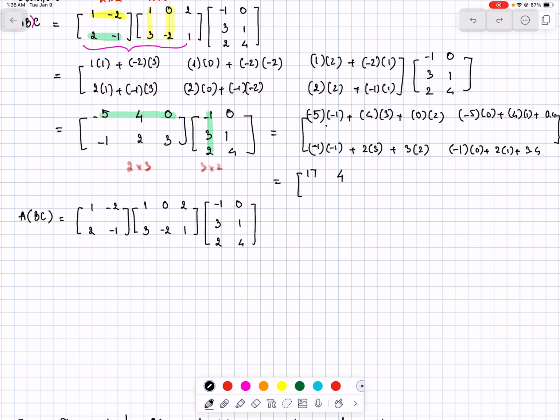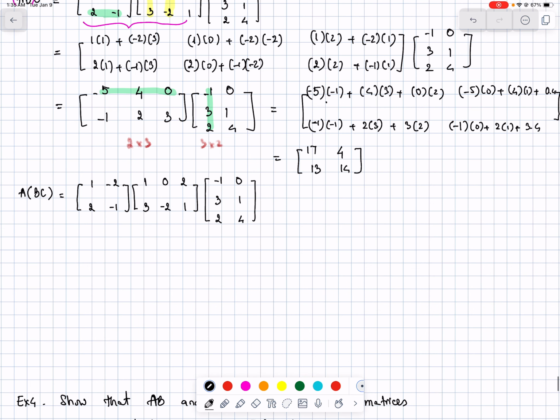And then we have 13 and 14. Okay, so similarly you will work on these two first and then copy down the first one. You will work the same way.